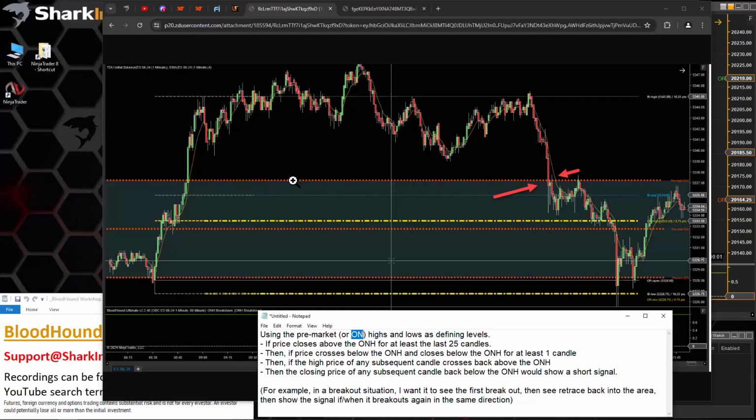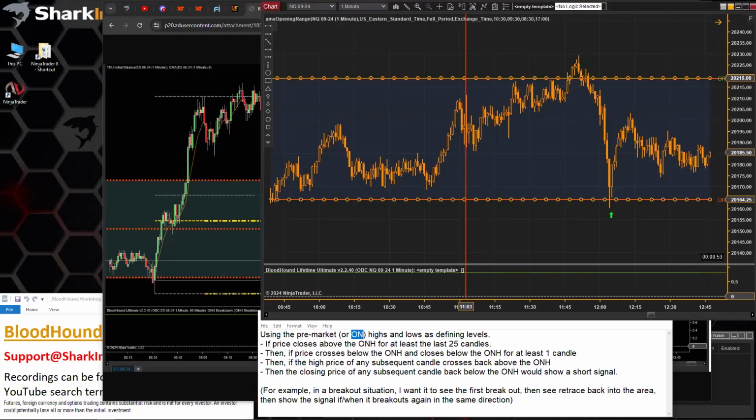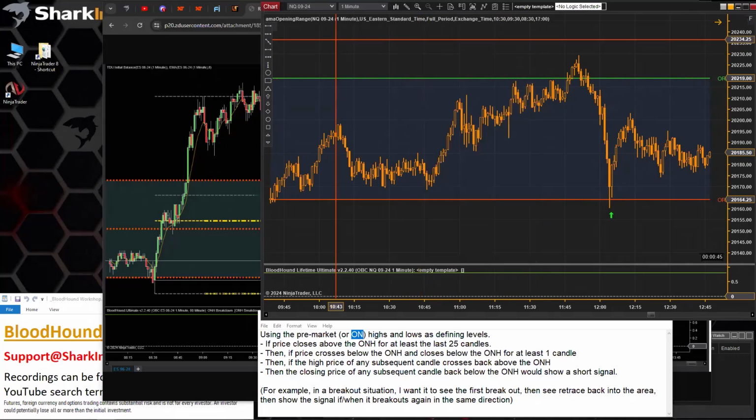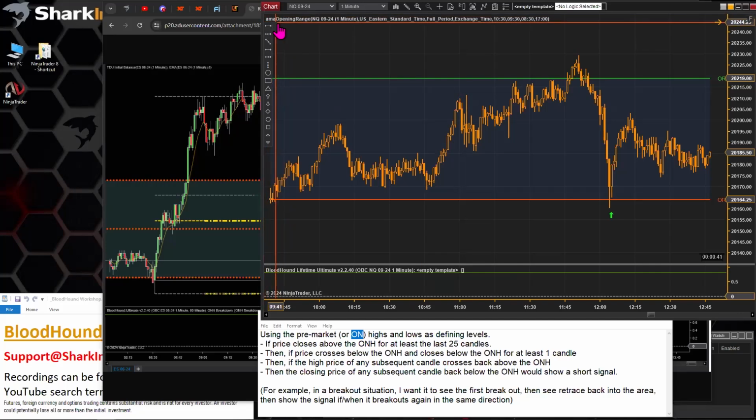To me, this looks like an opening range, so it looks like an OR for opening range, and I am using an opening range indicator on my chart. Before I get going too far, there you can see it up on top here. It's the AMA opening range indicator, from Lizard Trader or Lizard Indicators.